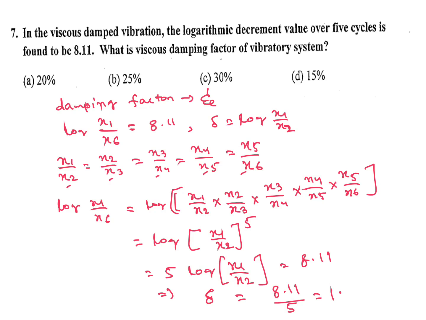So it will come 5 into 1, it's 5, then 6 to 5, and next delta equal to 1.625.